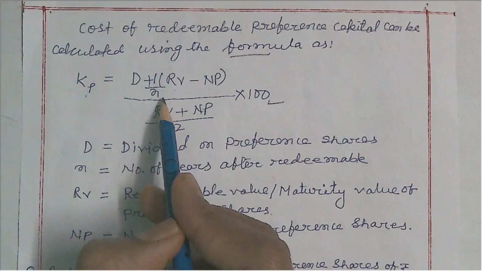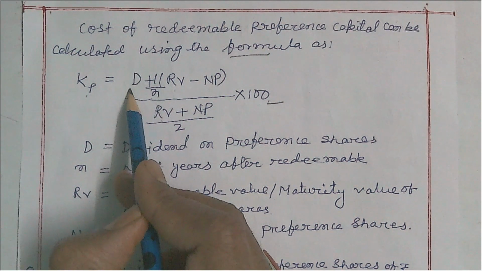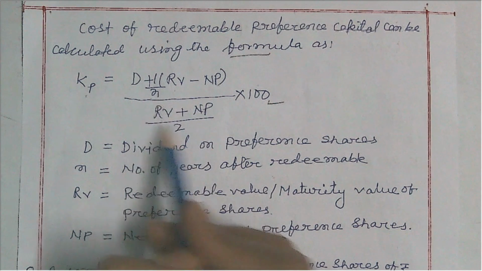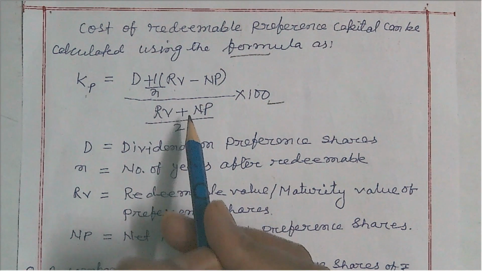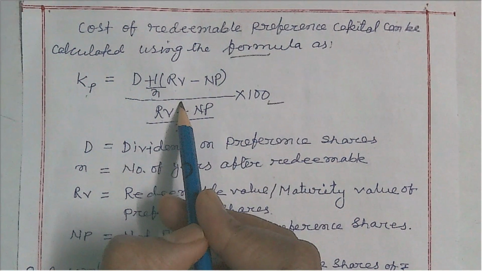If D is replaced by I, the formula is the same as that of cost of debenture before tax.